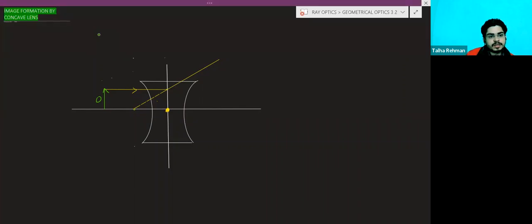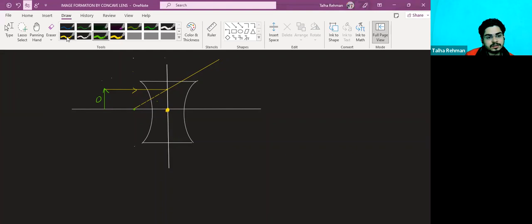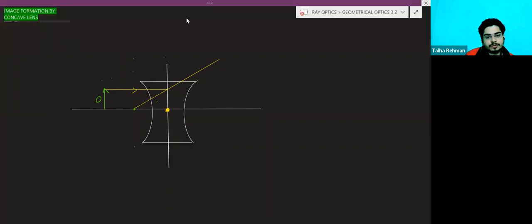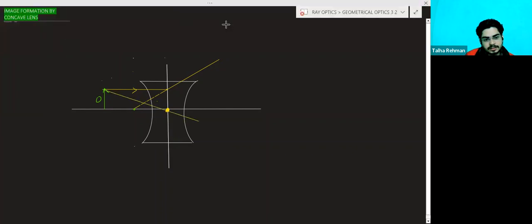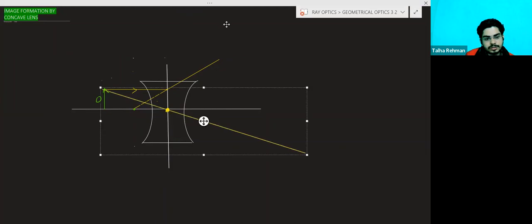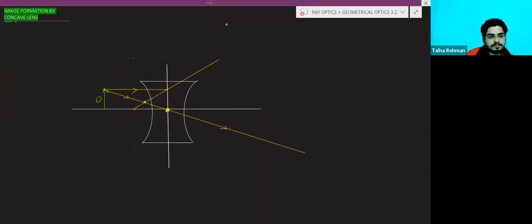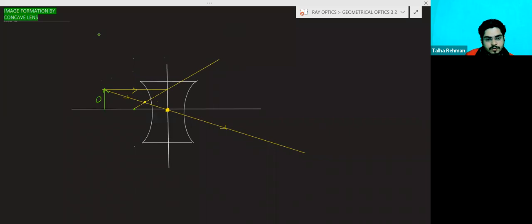Now another ray from the object I am taking is passing through the optical center like this, and it will go straight. So here the image will form. This will be the image.